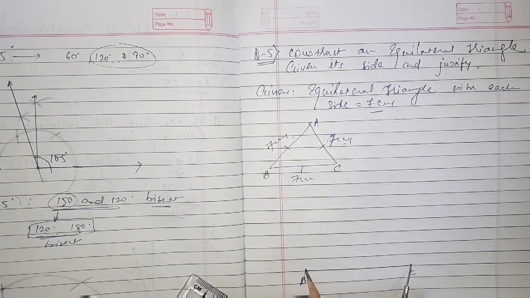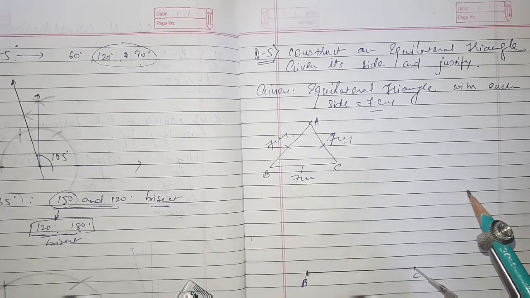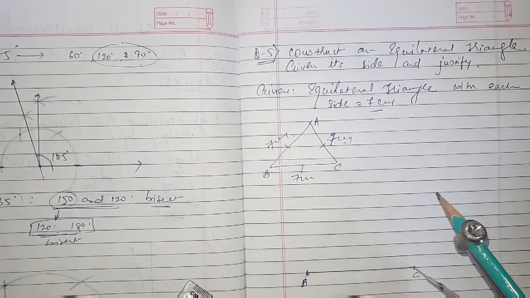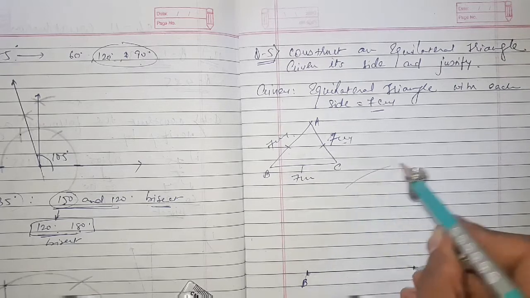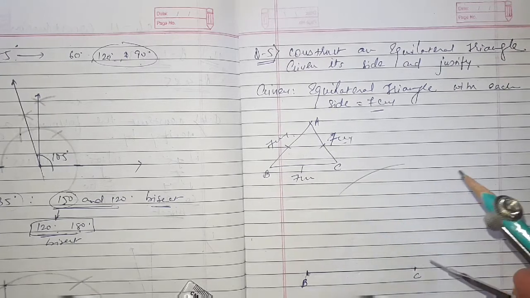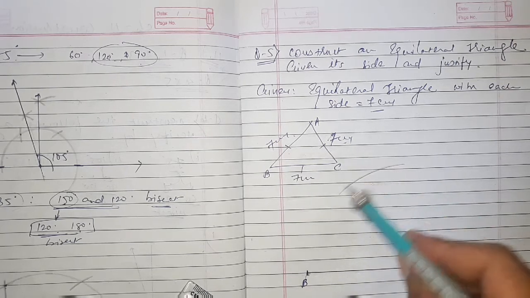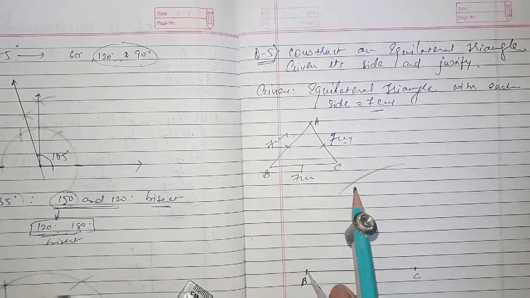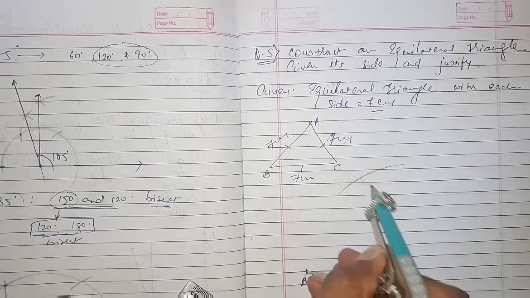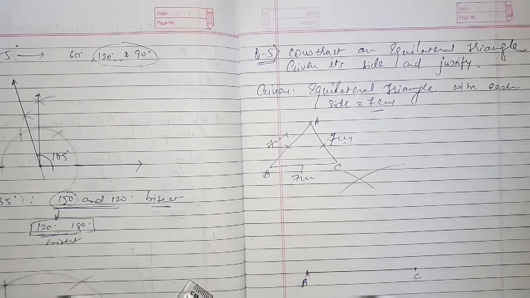First take C as a center and make an arc of 7 centimeter opposite to the side. Now take B as a center with the same measurement 7 centimeter and join with the first arc.